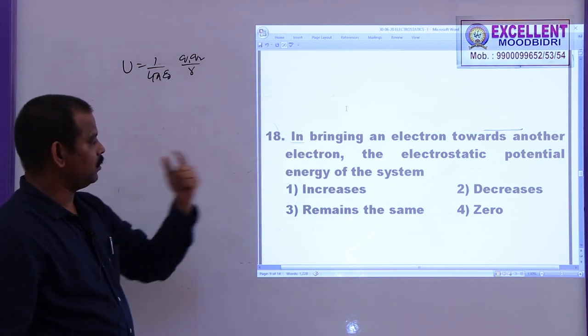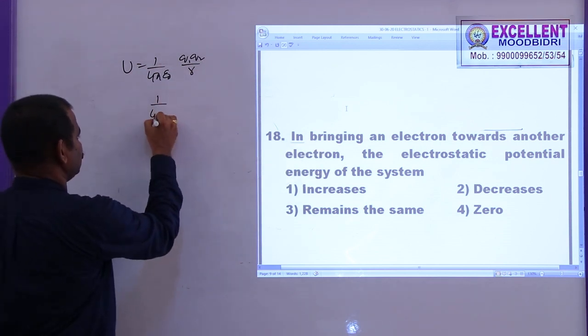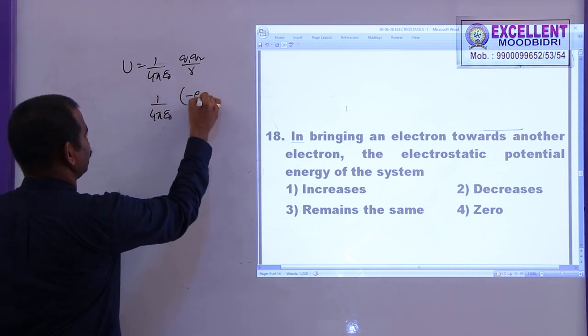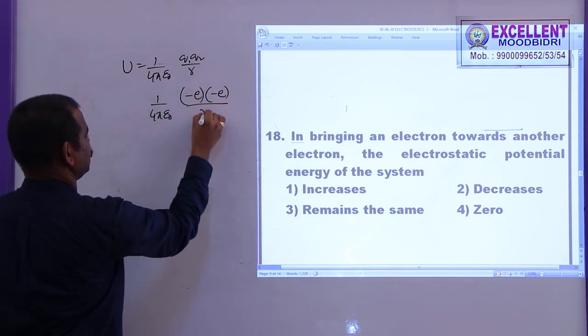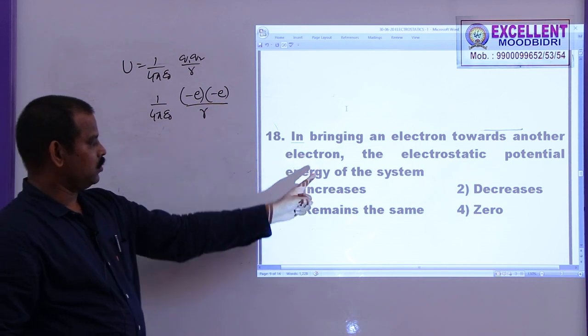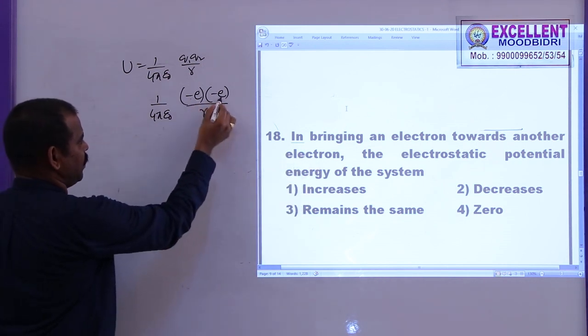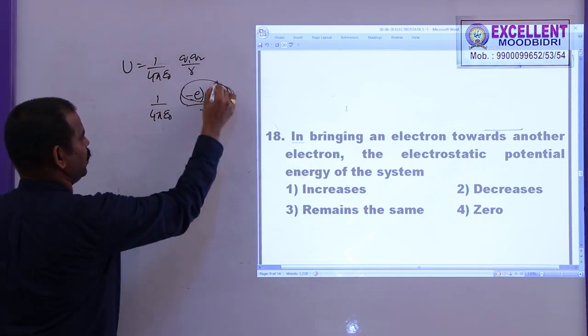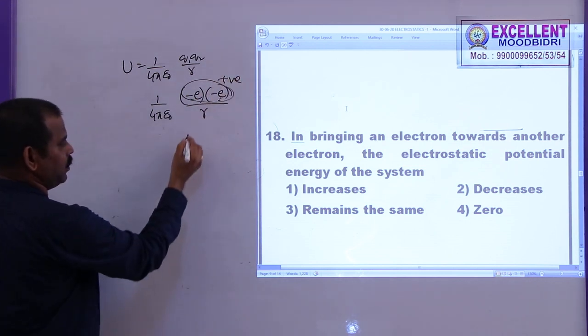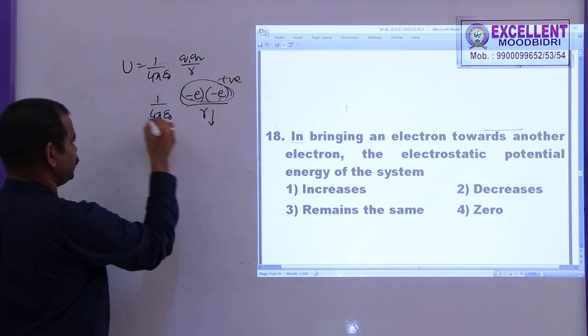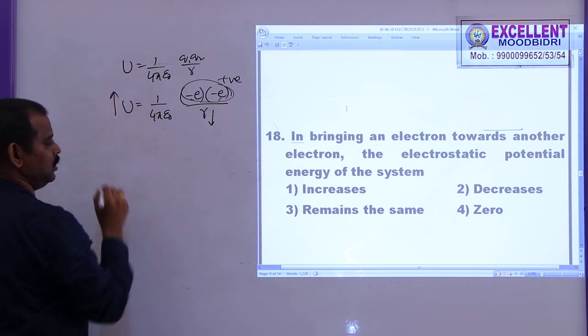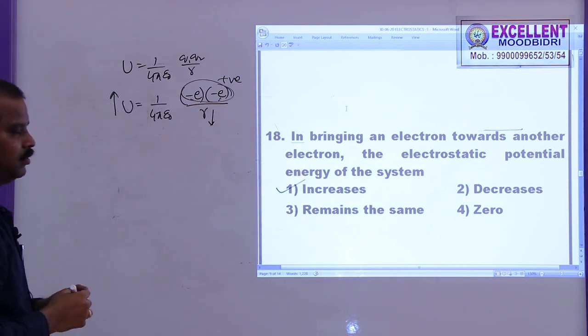Here, bringing an electron towards another electron, the charge of each electron is minus e, so the product is e squared by r, always positive, and when the distance between the two is decreasing, the potential energy must increase. So in this case option 1 is correct.